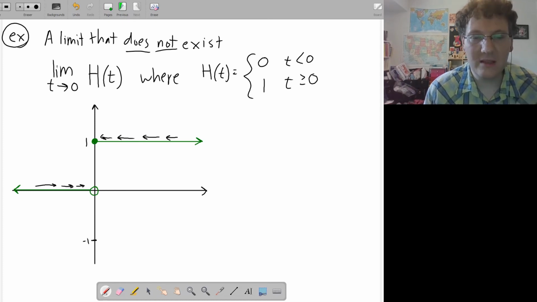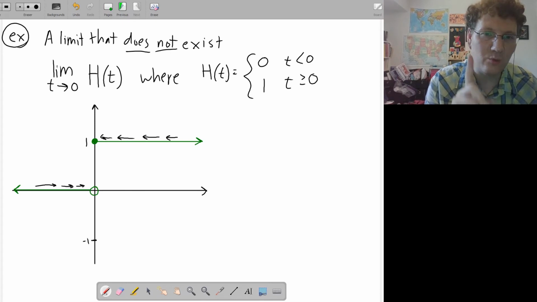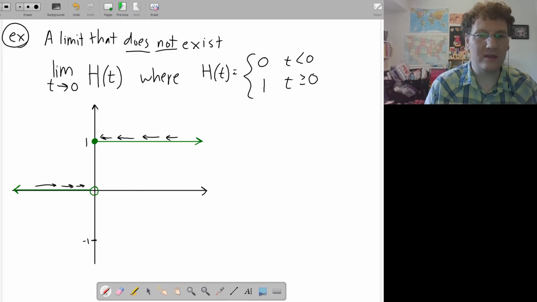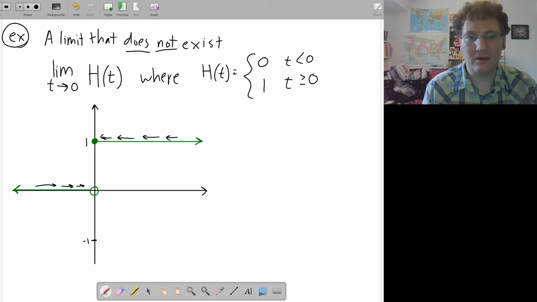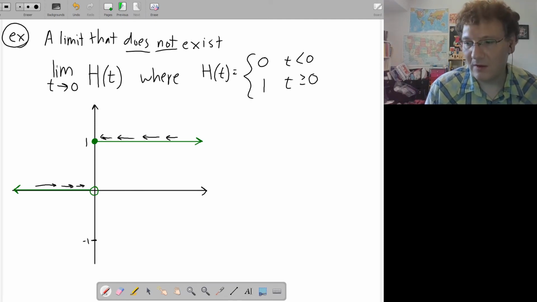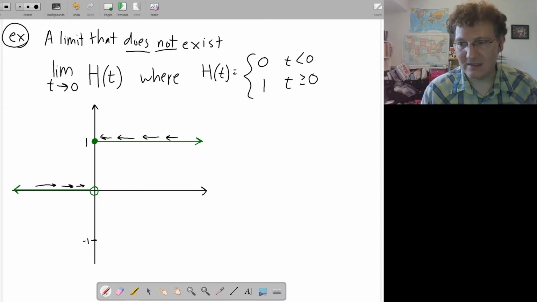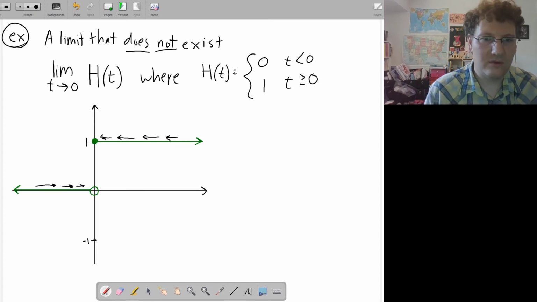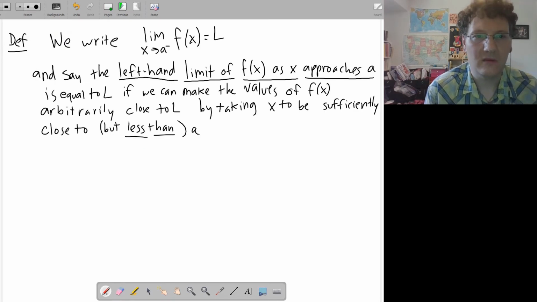And so the limit does not exist because there's not one single value that we can get the function arbitrarily close to from either direction. We'll talk about these next, this left side limit and this right side limit. So this is an example of a function that has no limit.